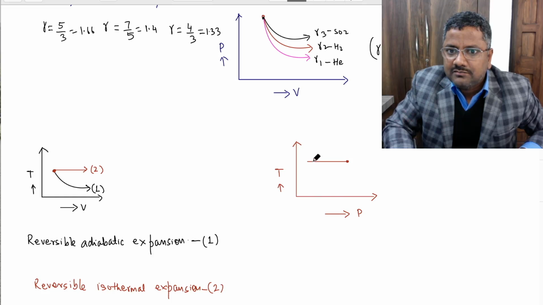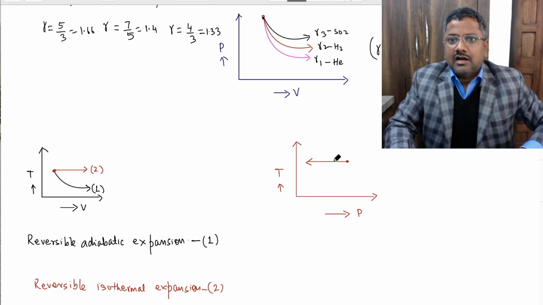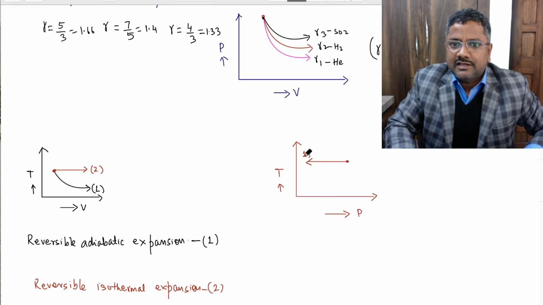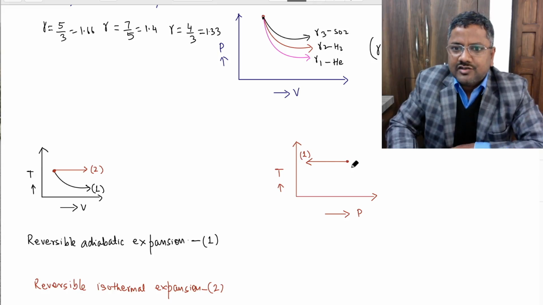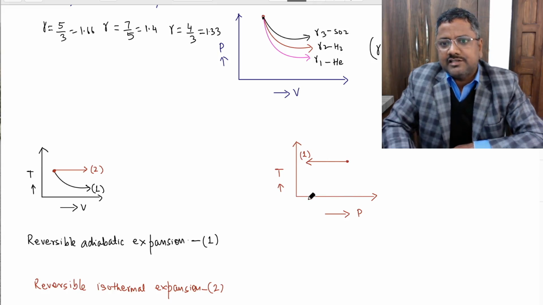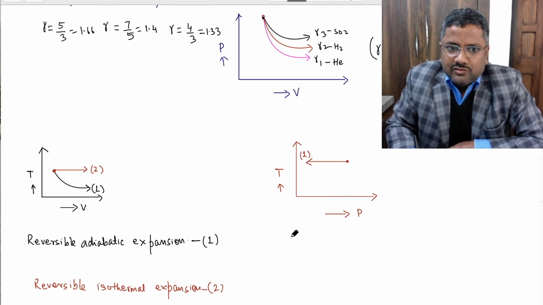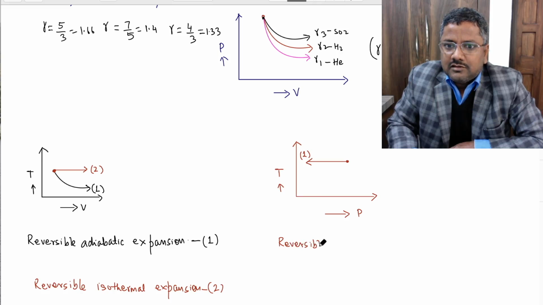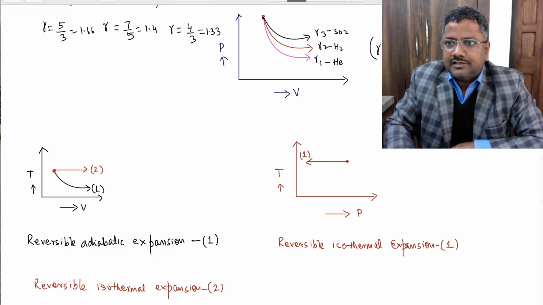The path of isothermal expansion is like this. Temperature is constant, and why is this called expansion? Because here pressure is decreasing. Pressure decreasing means volume increasing. So reversible isothermal expansion. This is plot 1.